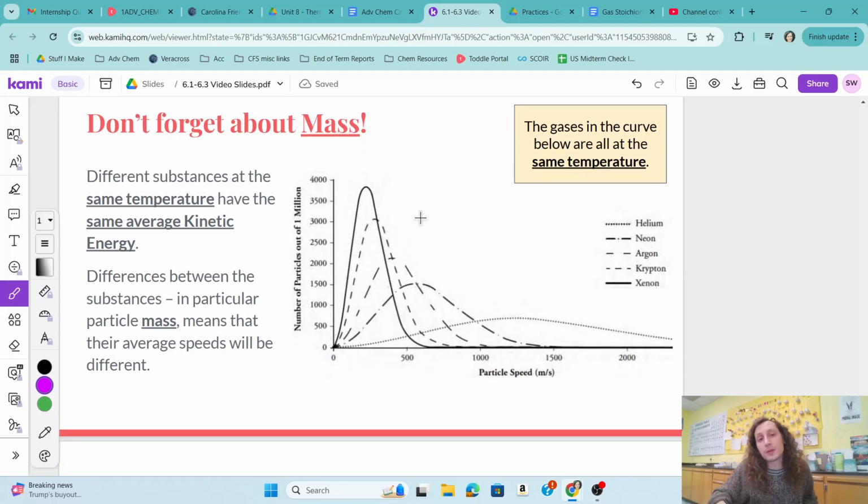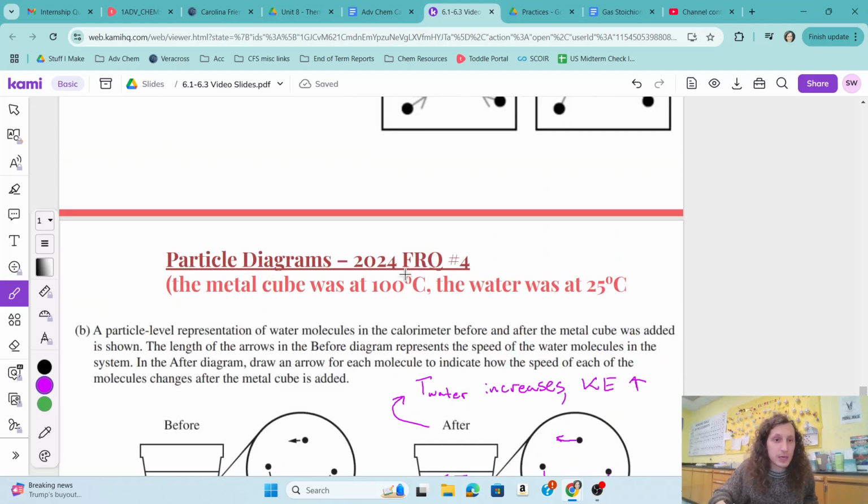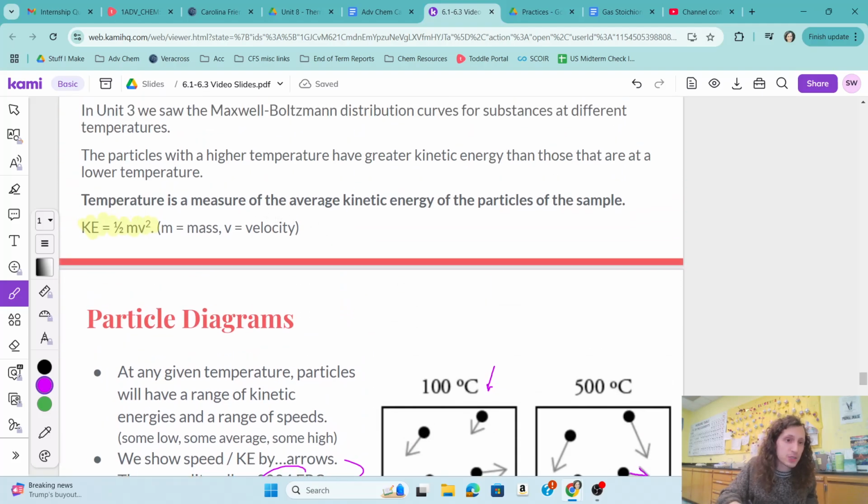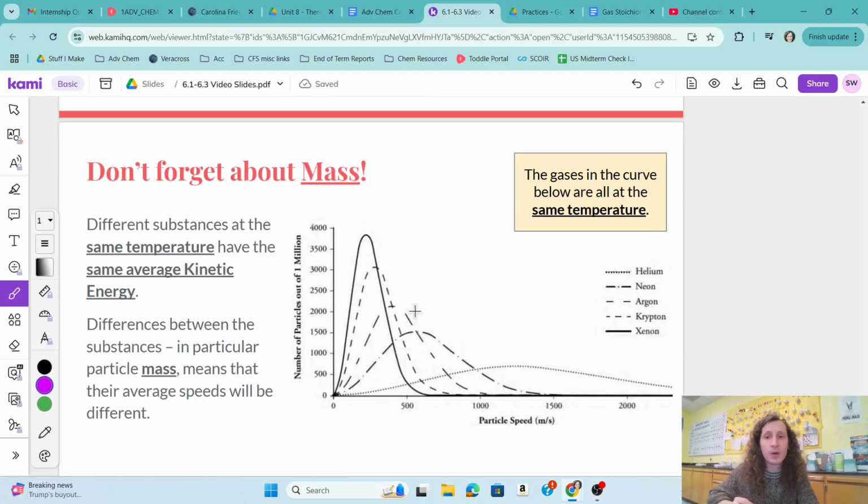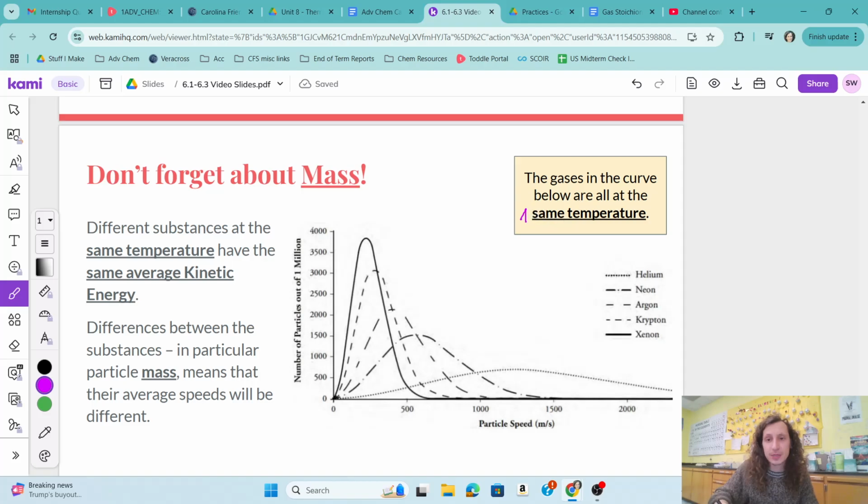On the topic of mass, because we have this relationship right here, kinetic energy equals 1/2 mass velocity squared, we sometimes have multiple samples of gas at the same temperature. And this is a Maxwell-Boltzmann curve, so frequency of particles and then particle speed.